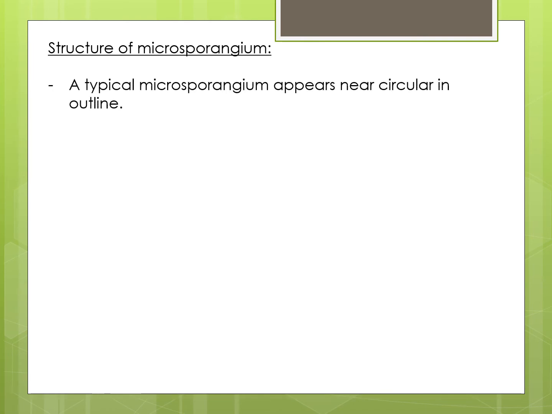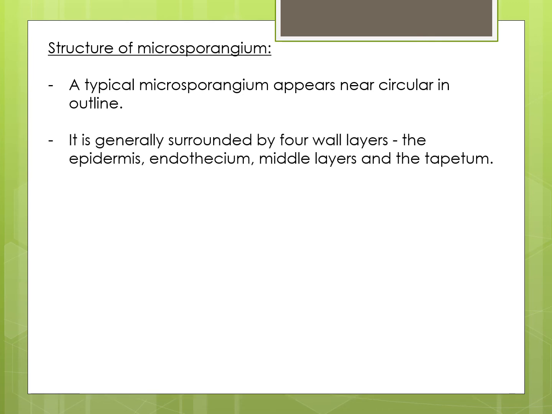Structure of microsporangium. A typical microsporangium appears near circular in outline. It is generally surrounded by four wall layers, namely the epidermis, the endothecium, the middle layer and the tapetum. And each of these layers performs some important function.